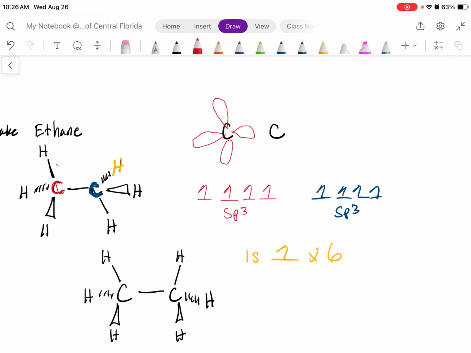And then our blue carbon is also going to come with sp3 hybridized orbitals. So this bond right here, I'll draw it here. The wedge, I will draw it here. And these orbitals that I'm drawing should all be the same size. It's just I'm not a good artist. And then that dash bond would be right there.